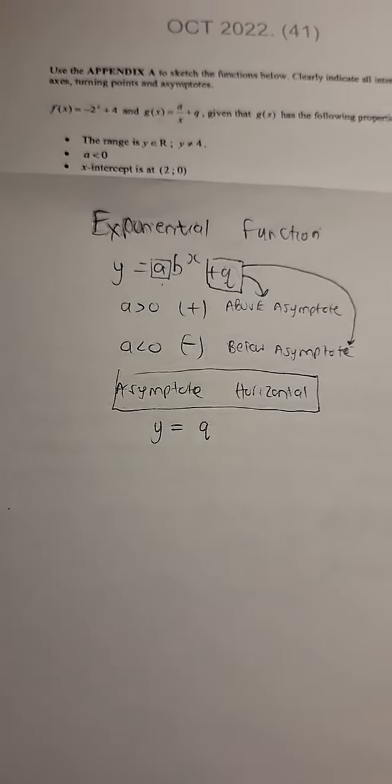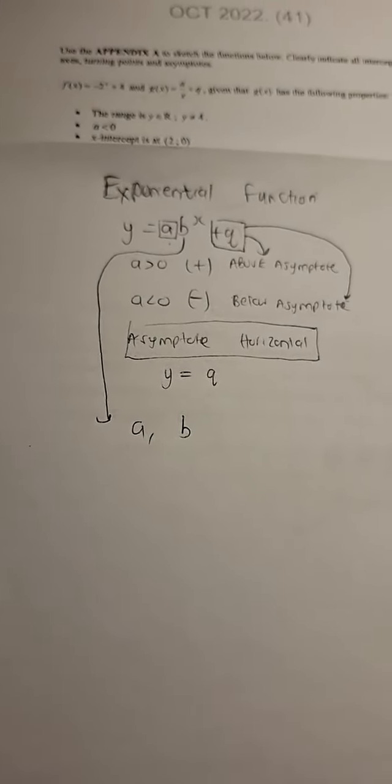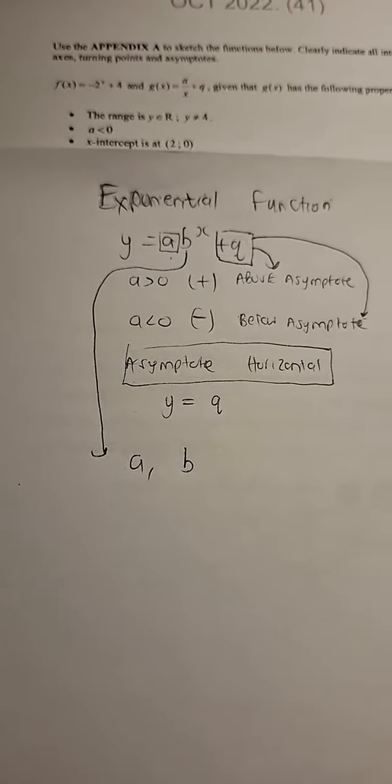Then the a together with the b will tell us where we find the function. As it is above the asymptote, is it an increasing function or is it a decreasing function?